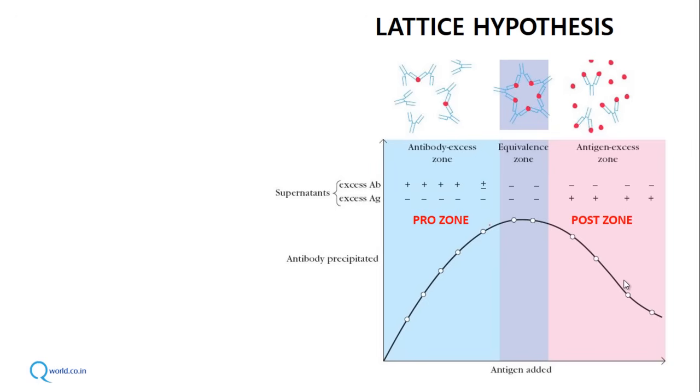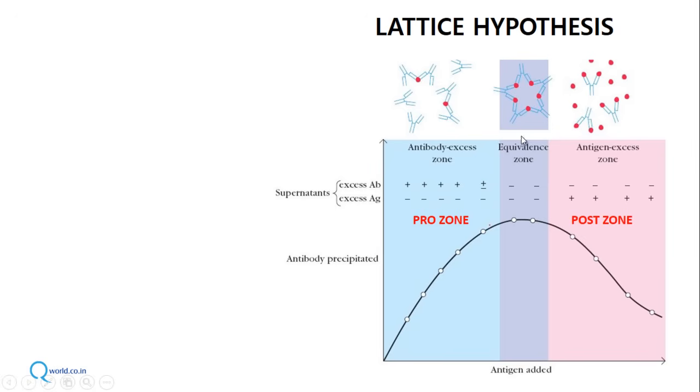Now let us understand with the help of this graph. We have a zone of antibody excess in the earlier test tubes. As we go towards the last test tubes, the antibody titer is almost low, and there is antigen excess. So we call that zone the antigen excess zone.